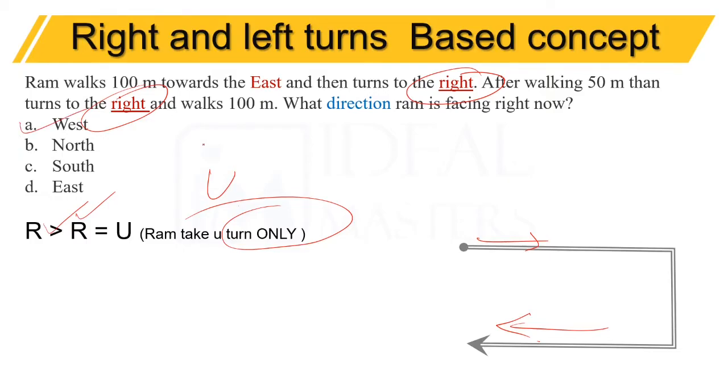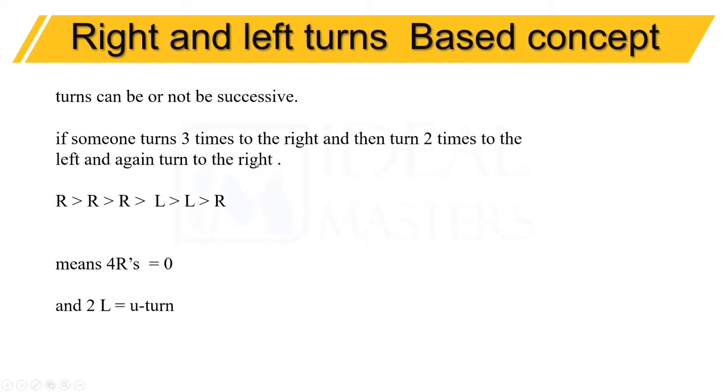I want to mention an important thing. In the whole lecture, I never said that the turn side should be successive. It can be or not be successive. I want to say that if someone turns 3 times to the right and then turns 2 times to the left and again turns to the right, then we can apply all the principles without hesitation.